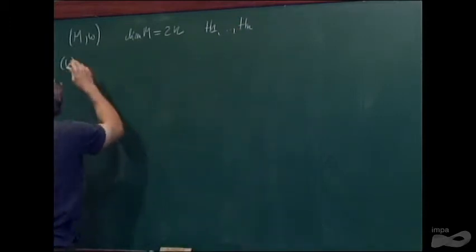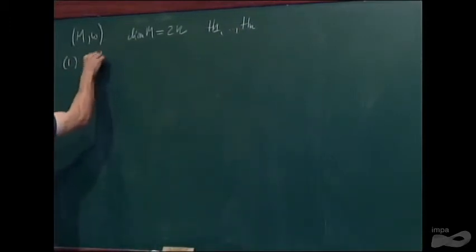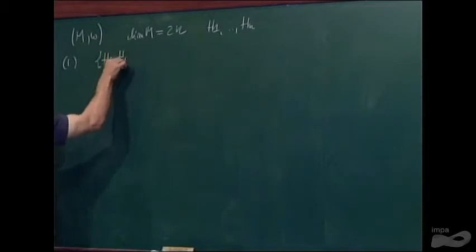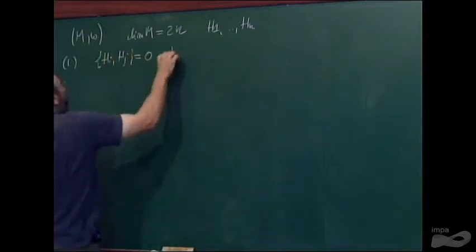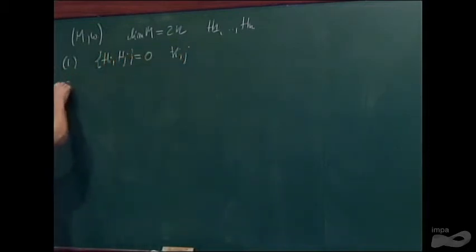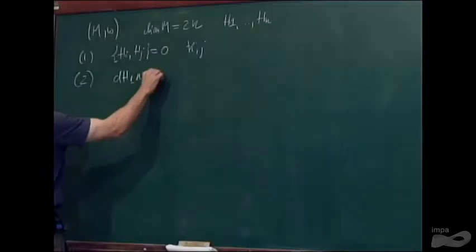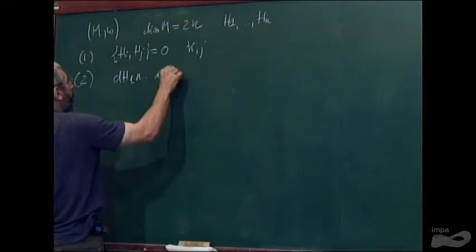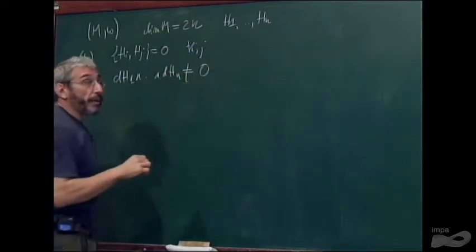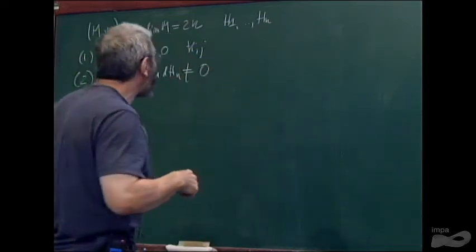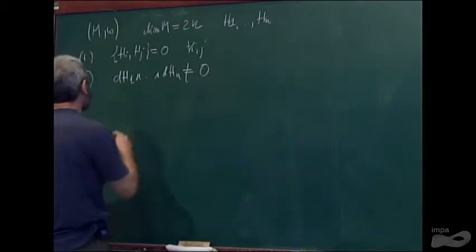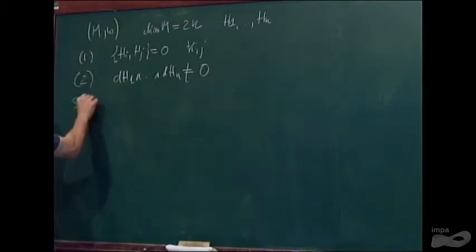So here we have n functions on the symplectic manifold M, and these functions are supposed to be in involution and generically independent on M. So what does it mean for this system to be separable?